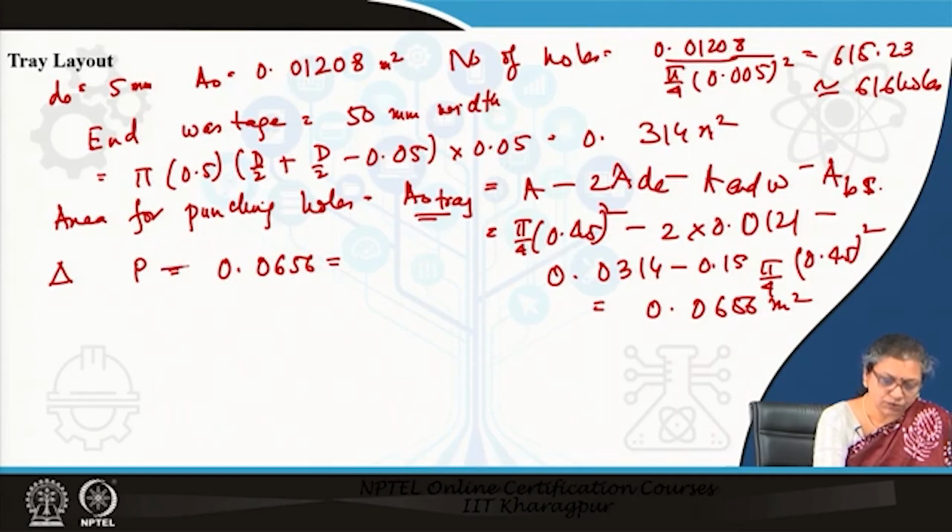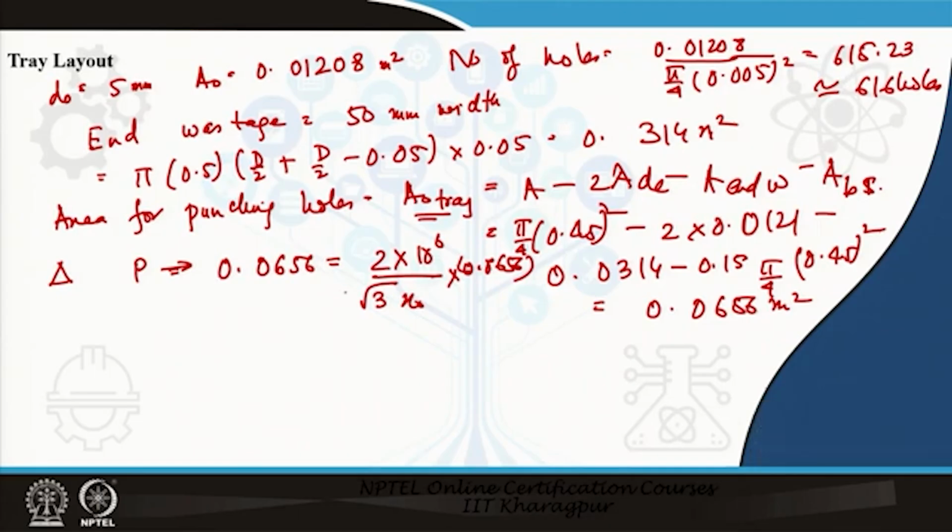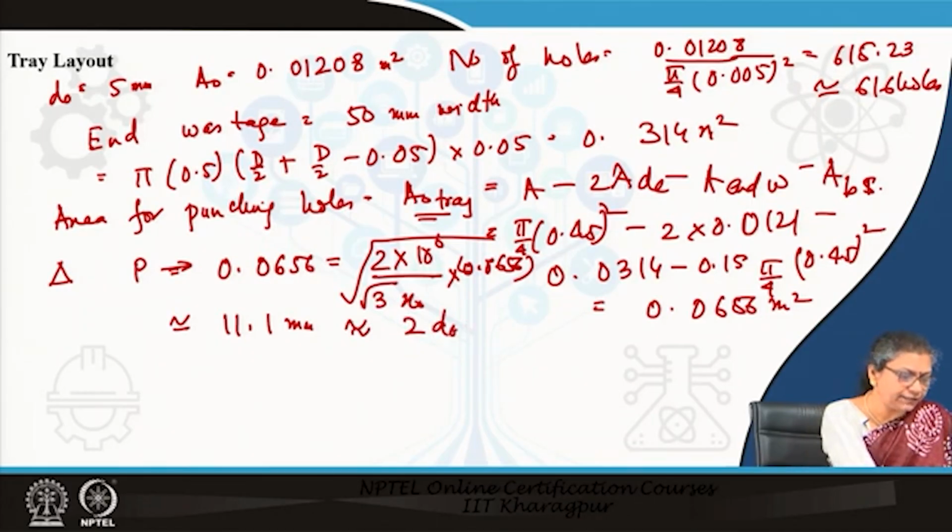This will be equal to 2 into 10 to the power 6 by root 3 NO into 0.656, this whole thing root over. So, therefore, from here we get the pitch is roughly equal to 11.1 millimeters, which is almost equal to 2 DO. So, therefore, we take this up and we find that this is fine.